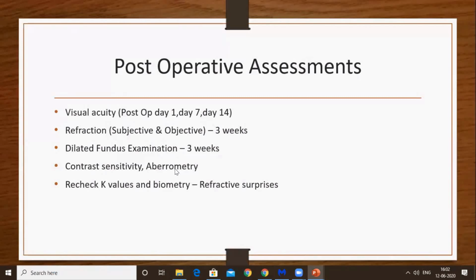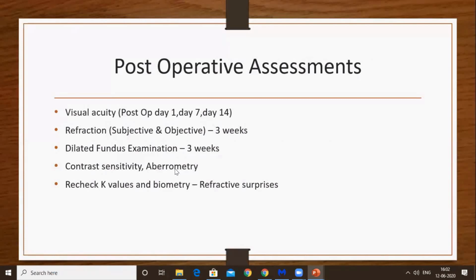In cases of refractive surprise, that is, after surgery the patient is having a lot of refractive error. Most doctors will aim for emmetropia or a little myopia, because even with a little myopia the patient will have good near vision.